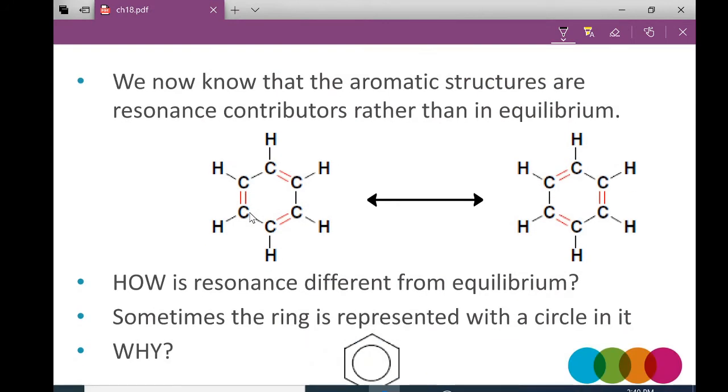It's actually a resonance structure. What we have is resonance between these two structures, where the 6 electrons that are contributed by each one of those carbon atoms are actually delocalized around the ring. So think about that. Each one of the carbons in a benzene ring is contributing 1 electron to that pi system.